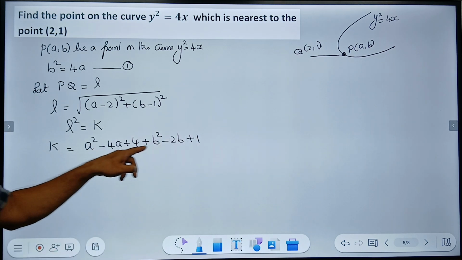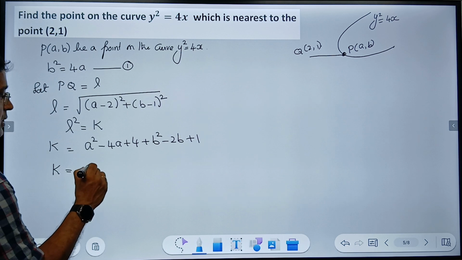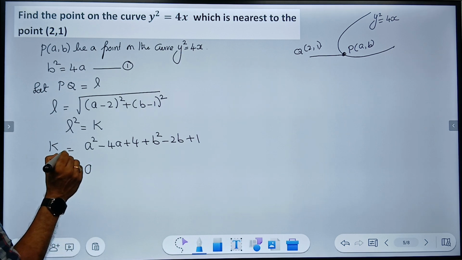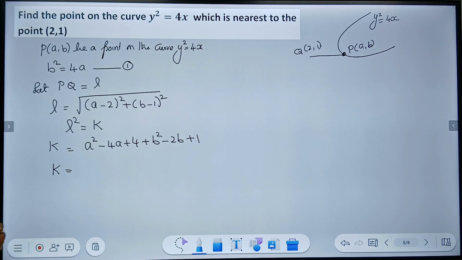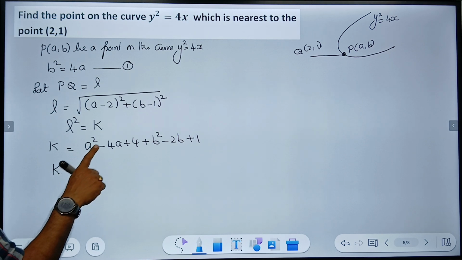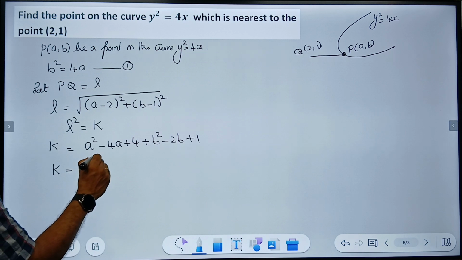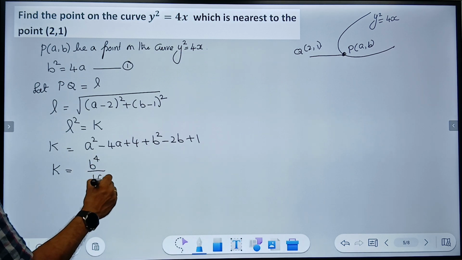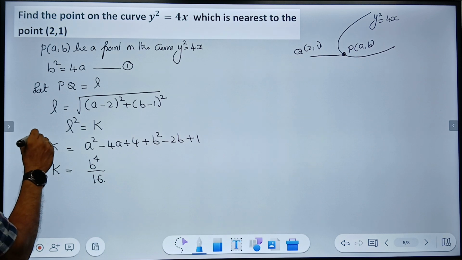Now clearly it has two variables. I want to change it to a single variable. Now how do I change it to a single variable? I will keep a squared as what? I will write a squared as b to the power 4 by 16, because my a will be b squared by 4.